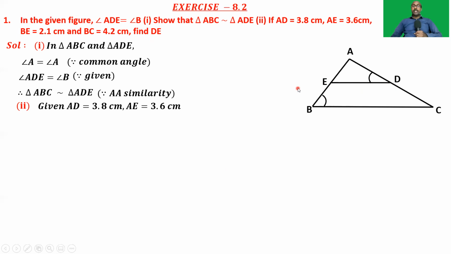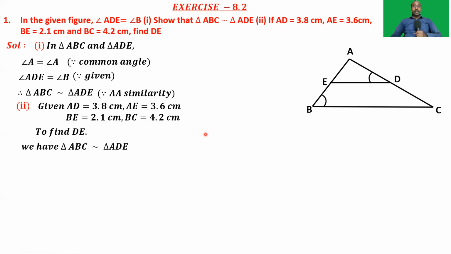So this side DE is in proportion with the side BC. So we can take both DE and BC in the relation between corresponding sides.